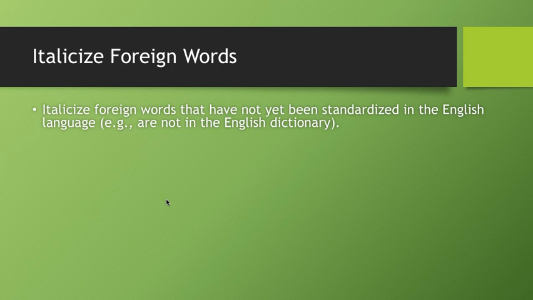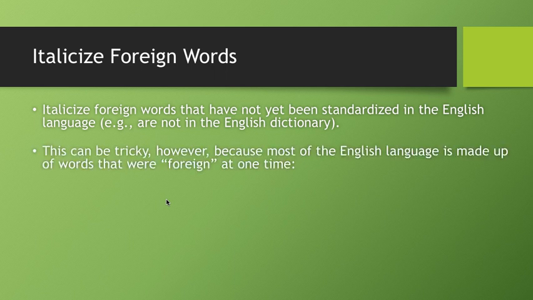But they appear according to the authority of certain dictionaries, and all dictionaries don't necessarily agree with each other, but it's being recognized. But this is tricky because a lot of words, actually most of the words in the English language, are made up of words in other languages, and were considered foreign at one time.